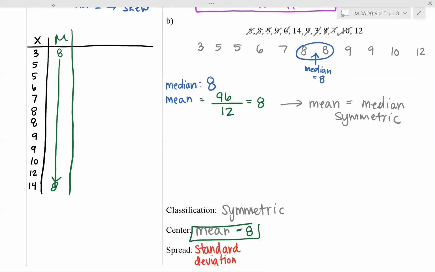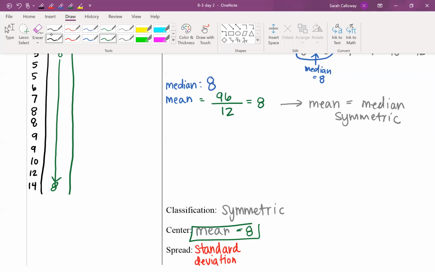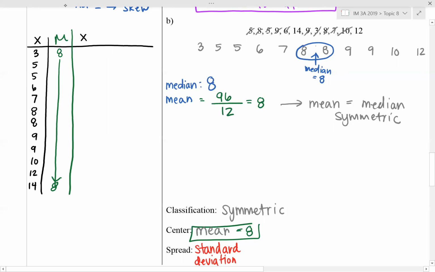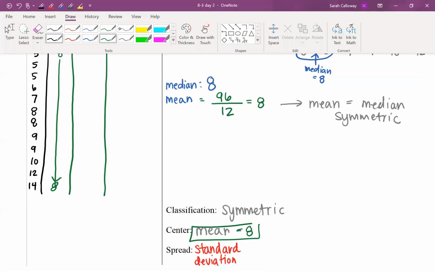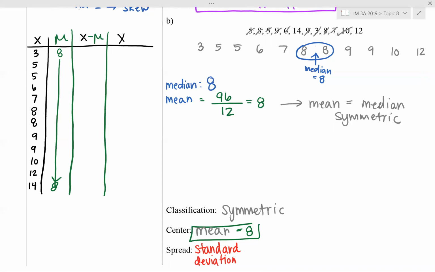Remember that the next column is where I take each of those x values and subtract the mean. And then for the final column, we are going to take the x values minus the mean and square those numbers.